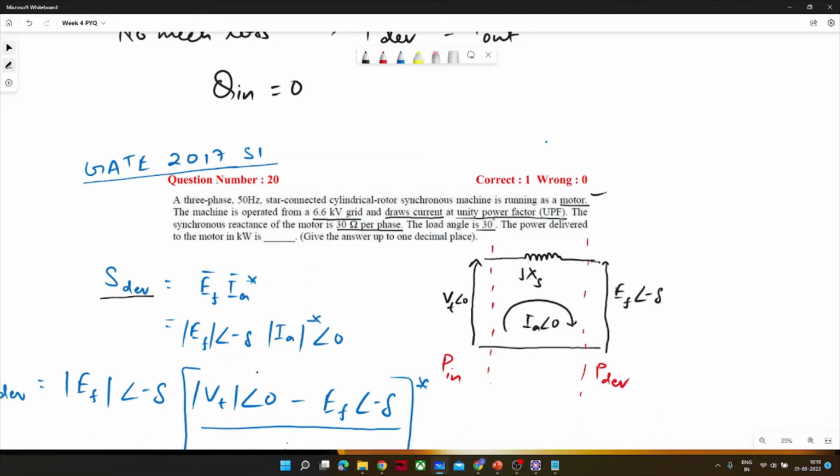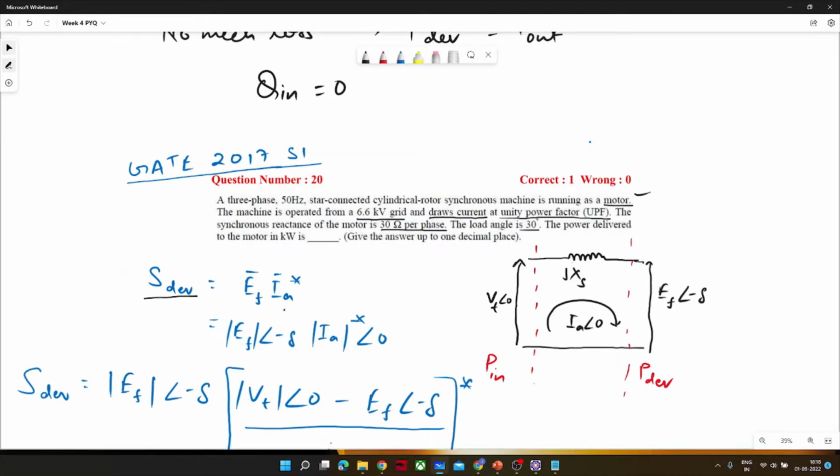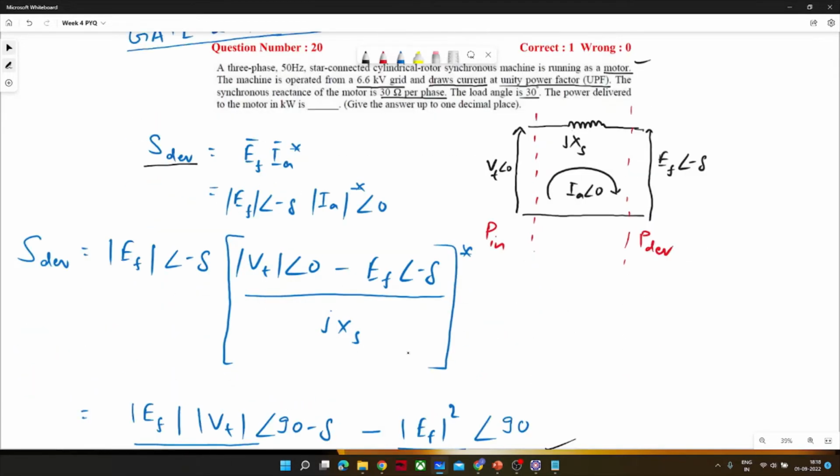So I went ahead with the formula Ef Ia conjugate. Ef is lagging by the load angle, that is delta, and the angle of current Ia is zero. Why? Because unity power factor is given in the problem. I just substituted all the values in the equation.